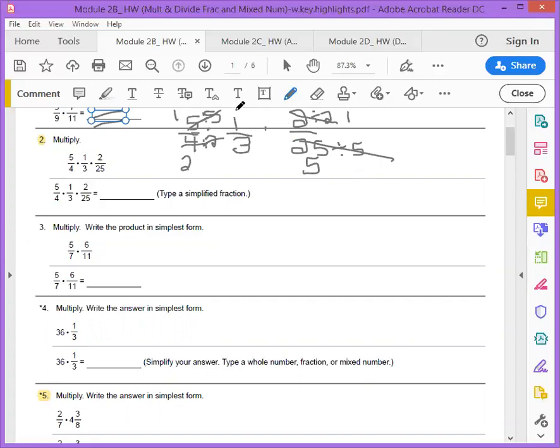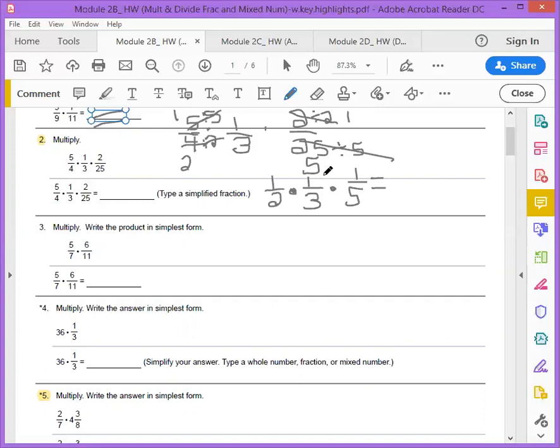Now, our new fractions, after we simplify, the first fraction becomes 1 over 2, times our middle fraction, 1 over 3. It stayed the same. We didn't make any changes there. Our third fraction, the numerator became 1. Remember, 2 divided by 2 became 1, and the denominator became 5.